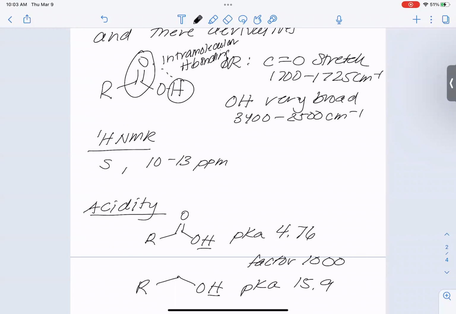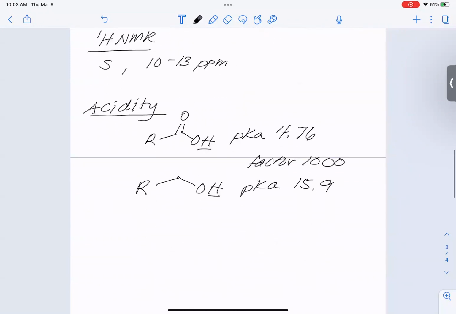Why is a carboxylic acid that much more acidic than an alcohol? Carolyn.